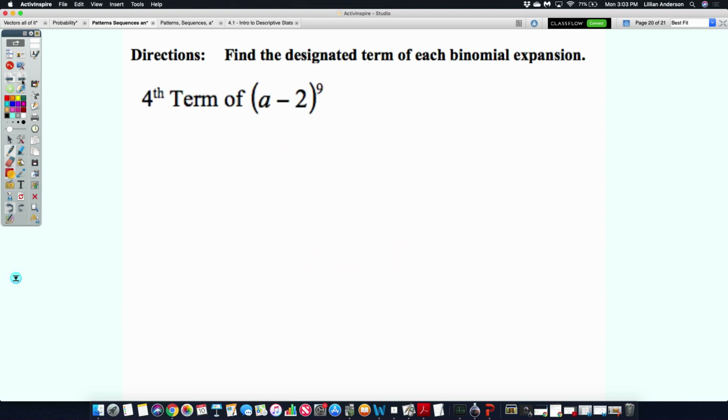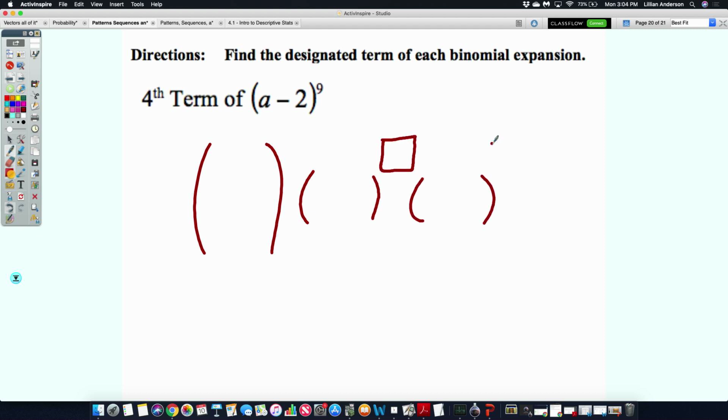Let's do this last one. I should have 3 sets of parentheses. The top of the parentheses should be 9, and the bottom should be 3, because I'm looking for the 4th term, which means it's technically 9 choose 3 when you look at Pascal's triangle.